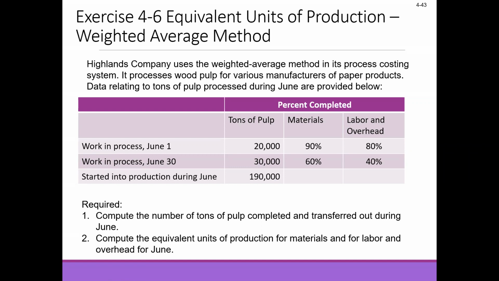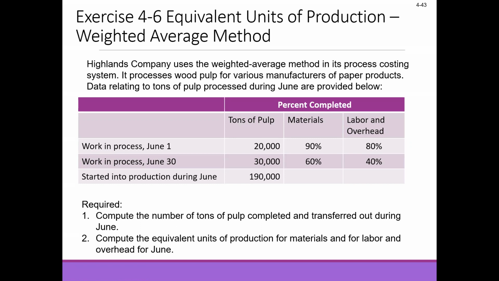And then those units that were started into production in June are 190,000 tons. We're going to do two things: compute the number of tons of pulp completed and transferred out during June. Then we'll come up with the equivalent units of production for materials and for labor and overhead for June.